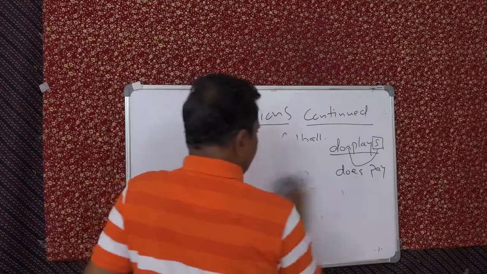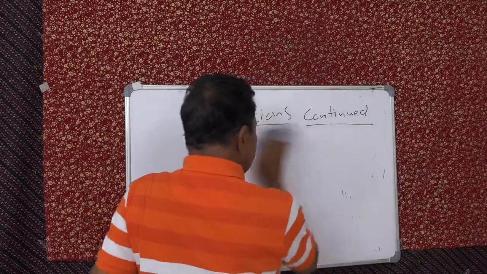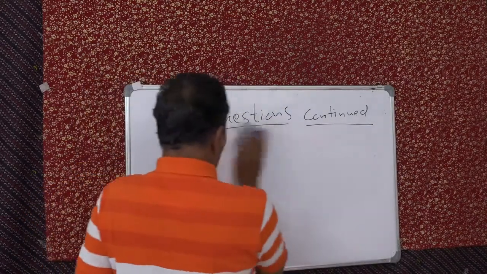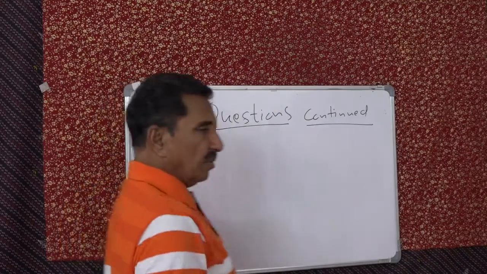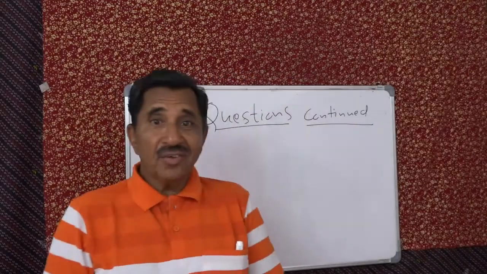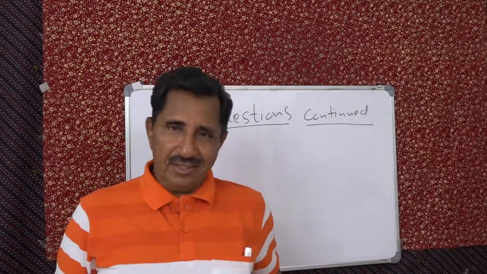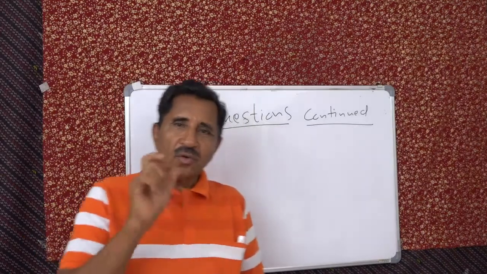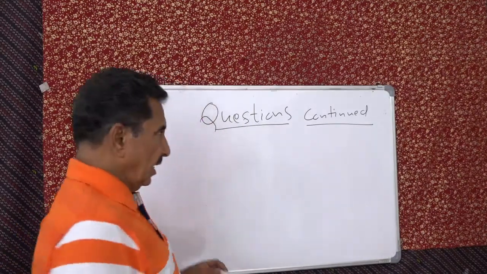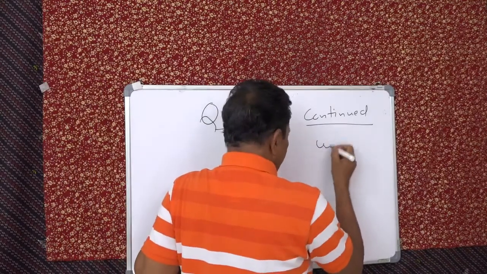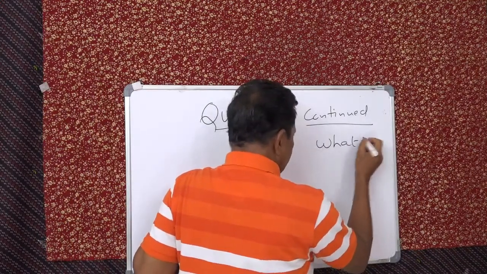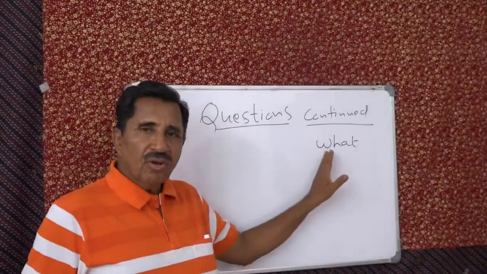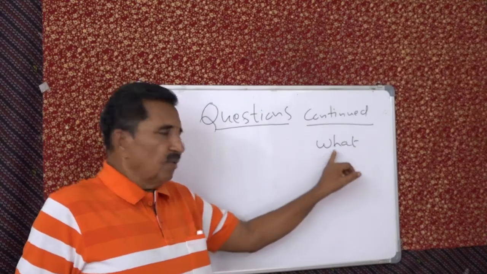Very simple. Now you cannot be satisfied just by yes or no answers. As human beings, we want to know, we want to get new information. So what will you do? For that, you make use of question words. See, the simplest question word is what. What begins with WH.